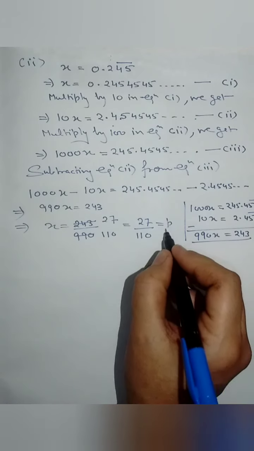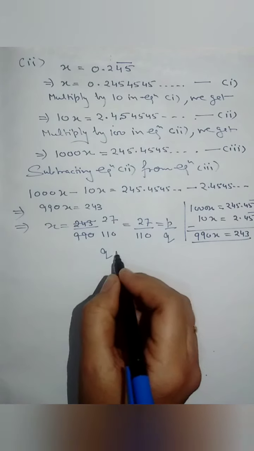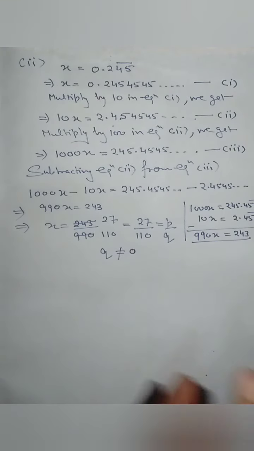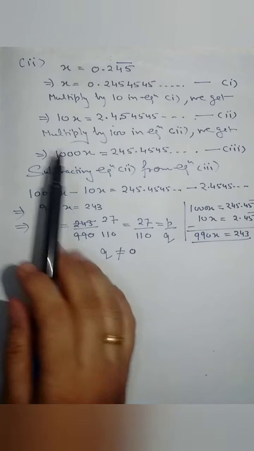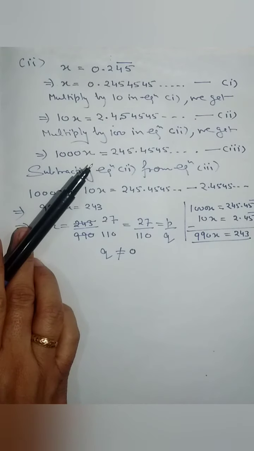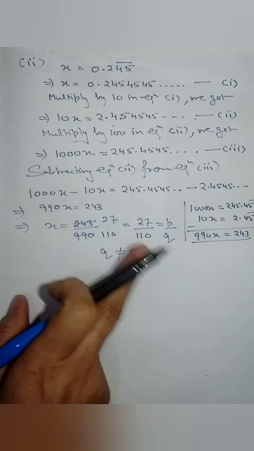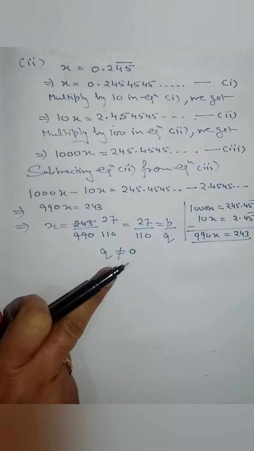We can see this is of the form p by q, where q is not equal to 0. So whether the decimal expansion is terminating or non-terminating repeating, it can be written in the form of p by q, where q is not equal to 0.